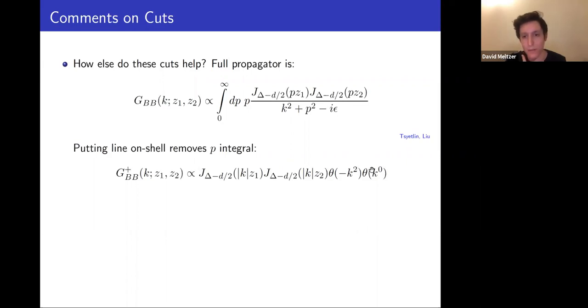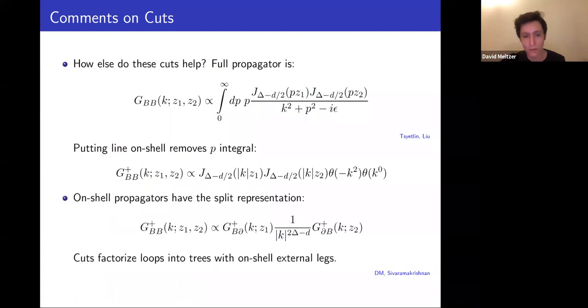The simplest thing in practice is to take the discontinuity of this bulk-to-bulk propagator, and you see it produces the usual delta function in terms of k squared plus p squared. This isn't as nice as in flat space, where the cut propagator was just a delta function, but it does represent a simplification over the full propagator. This also brings me to the split representation.